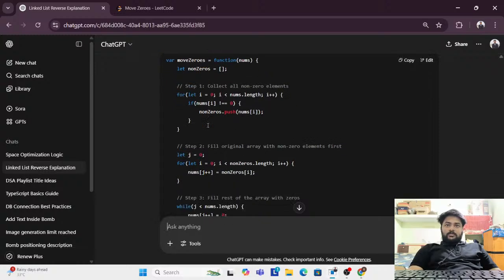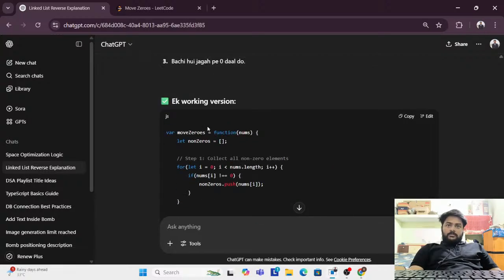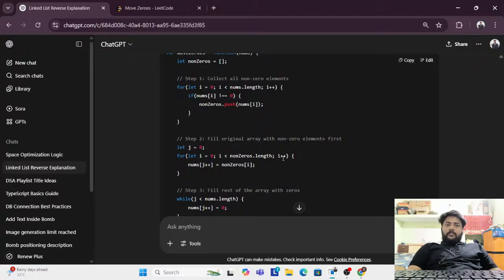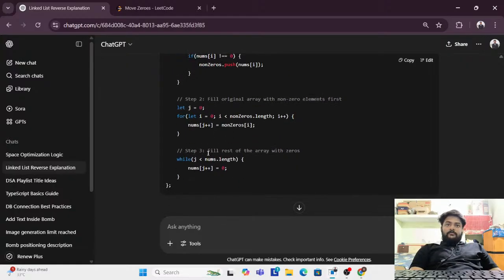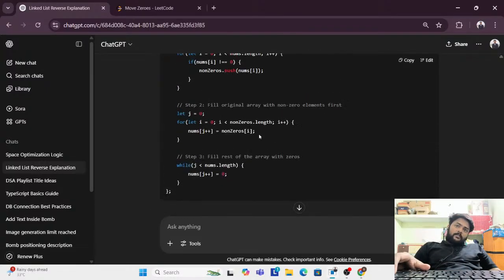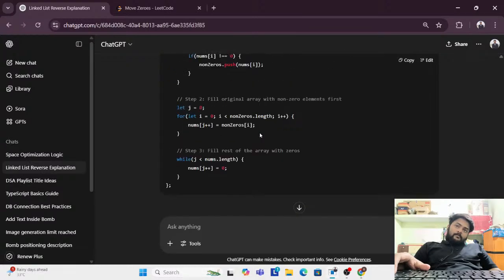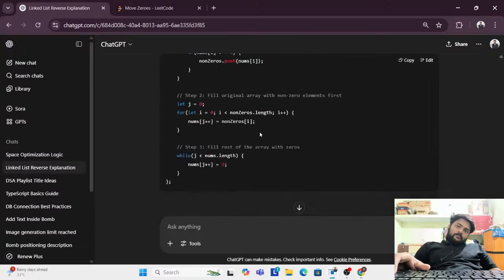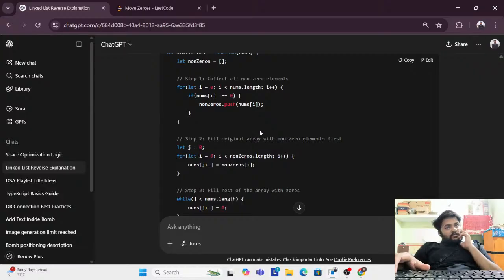So yeah, it is following my idea only: collect all non-zeros, then fill the original array with the non-zero elements first, which we already did, and then fill the rest of the array with 0. So I was not trying to write code, but this is basically the idea.